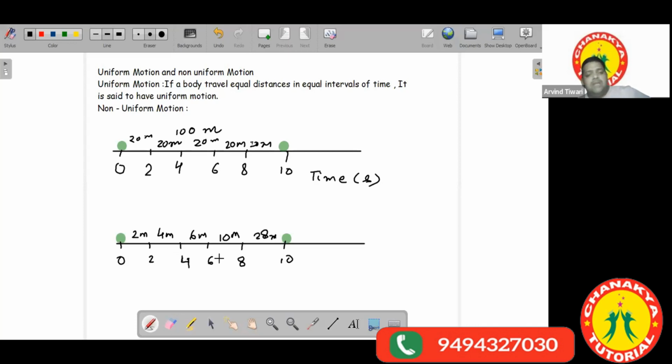Now, we observe that the object is not traveling equal distances in equal intervals of time. Such a motion will be called a non-uniform motion.